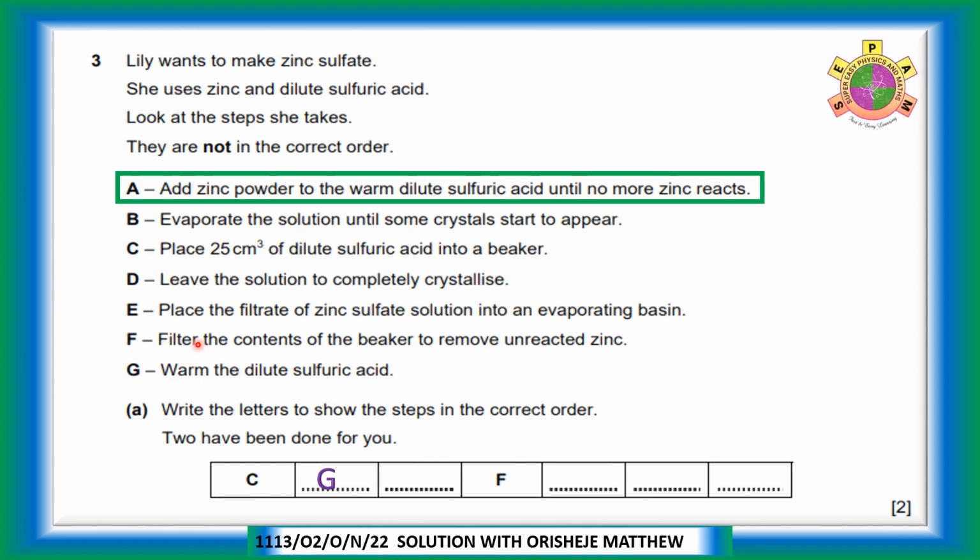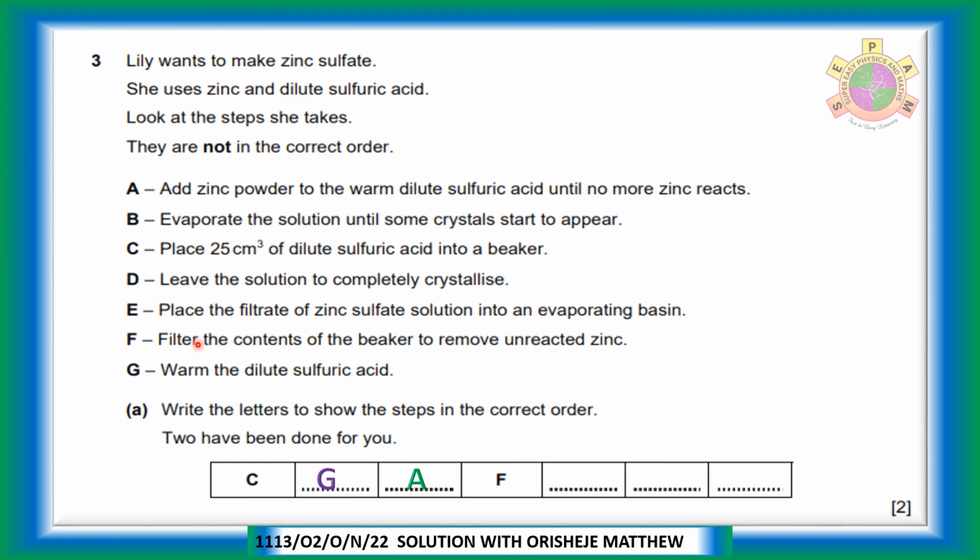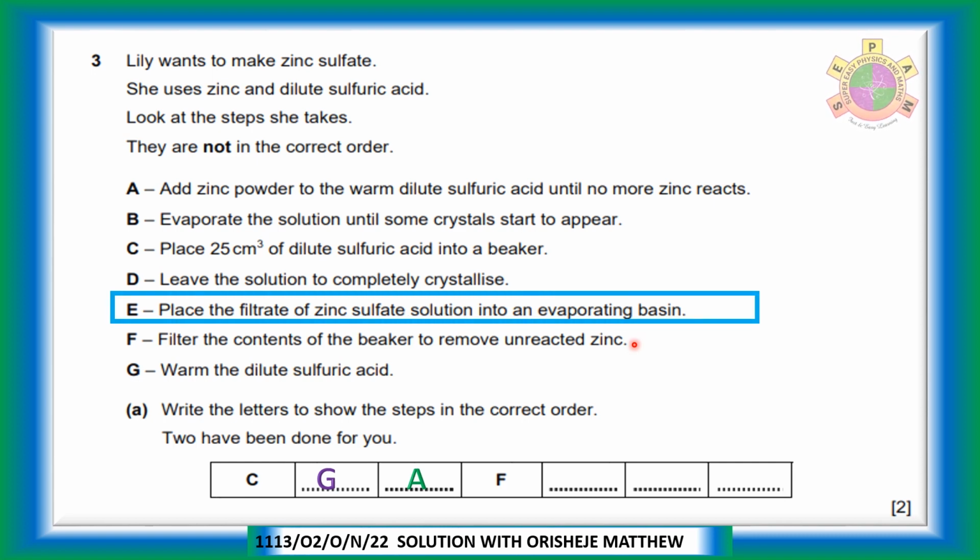Then the next step is going to be F, which is already given to us. She filters, F, the content of the beaker, to remove the unreacted zinc. Then the next step is going to be E. She places the filtrate of the zinc sulfate solution into an evaporating basin.